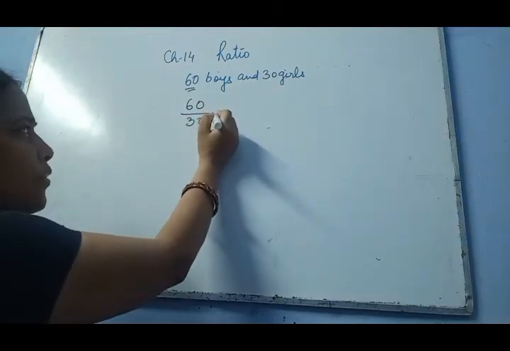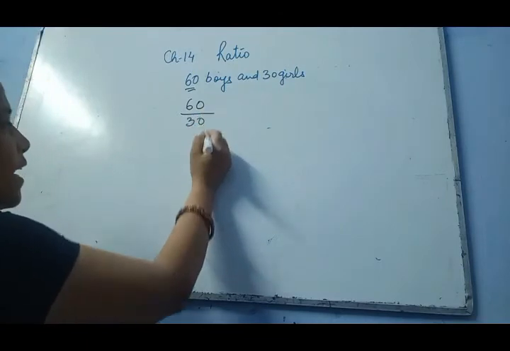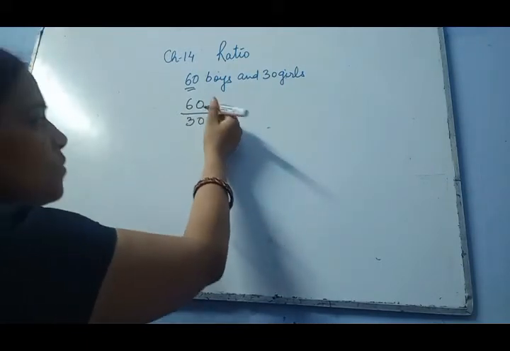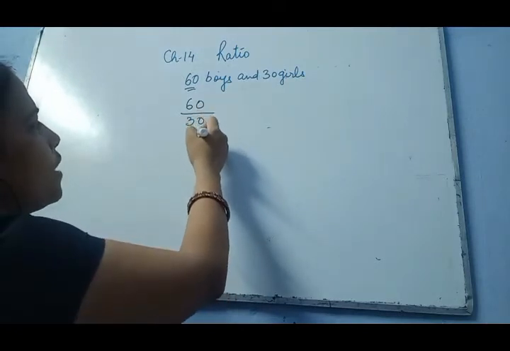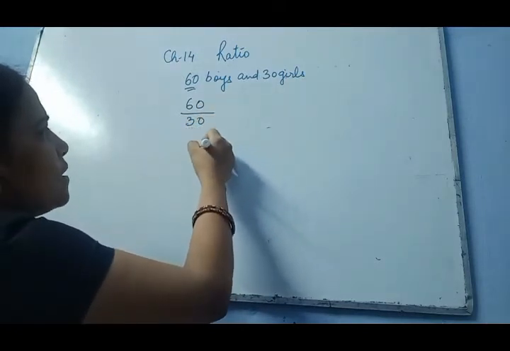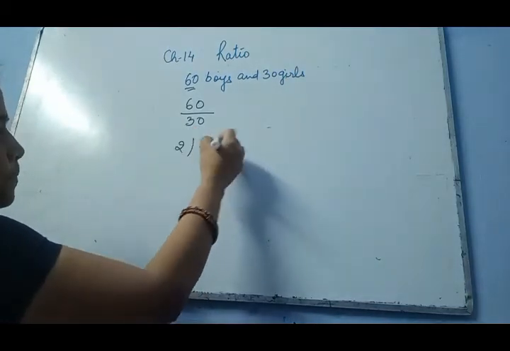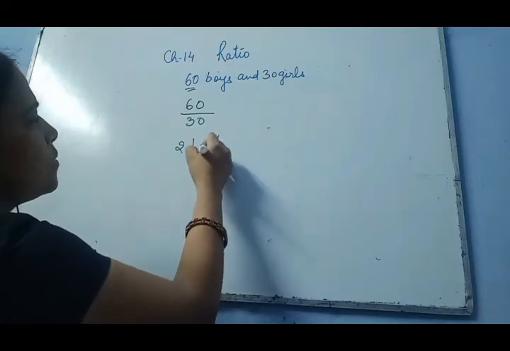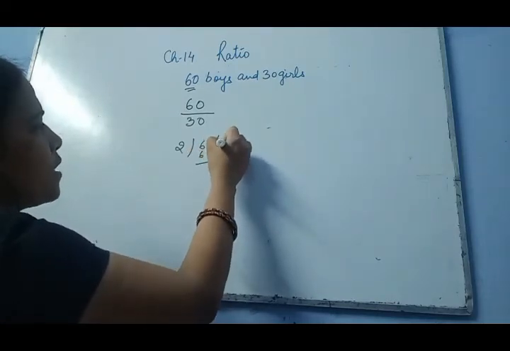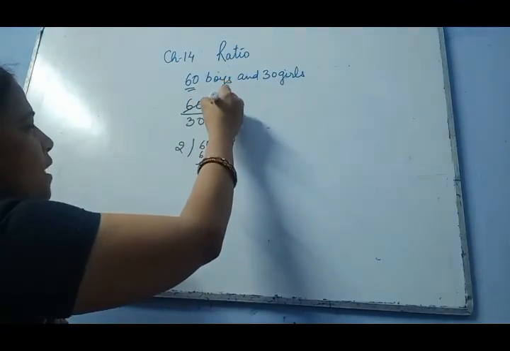So what I have told you, let us see what they are divisible by. We can divide by 2 and check. 60 divided by 2 to convert into lowest terms. So 6, how many times? 3 times, 0 over here, that means 30.